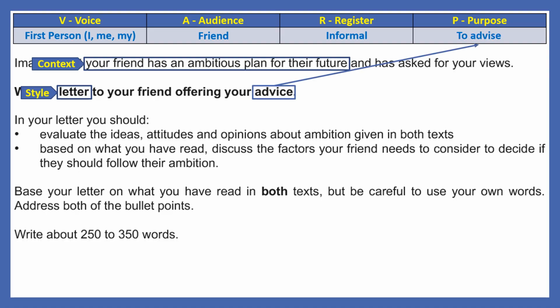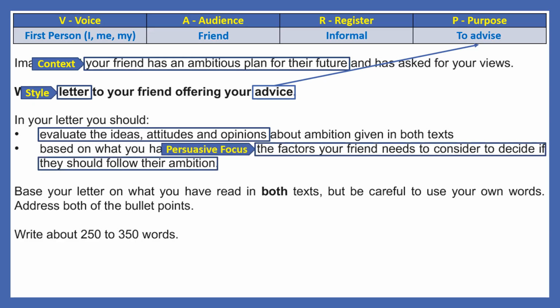To advise. It is important to evaluate ideas, attitudes, and opinions. Evaluating means commenting on the ideas, inferring implied meaning, considering whether they are convincing, and linking them to your overall judgment. The persuasive focus, the factors your friend needs to consider when deciding whether to pursue his ambition, will help you understand what to include in your letter.